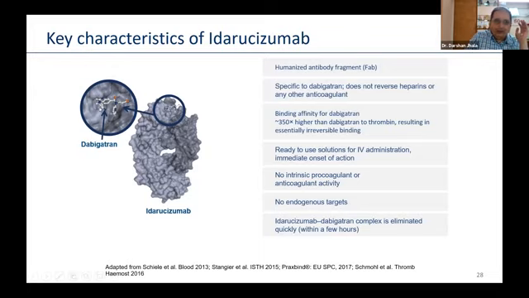So it is a specific binding to that particular region of dabigatran which has a very, very high affinity as compared to thrombin. So dabigatran would rather combine with idarucizumab rather than combine with thrombin, and that is how the anti-thrombin action of dabigatran is reversed. And this drug has no intrinsic procoagulant activity.